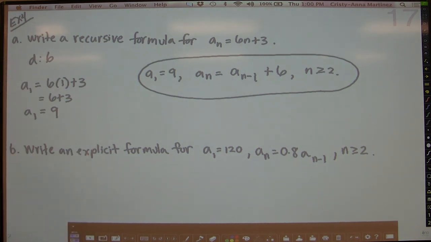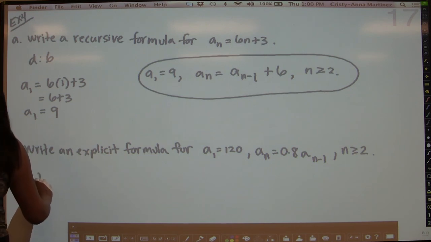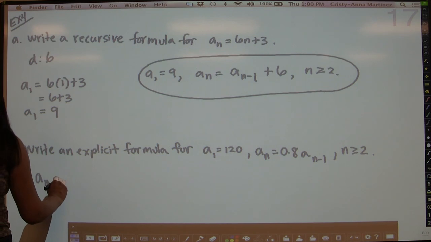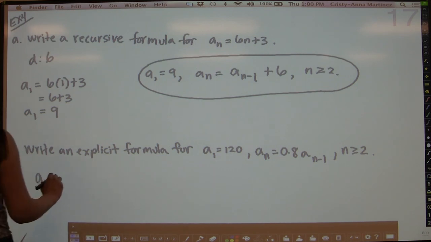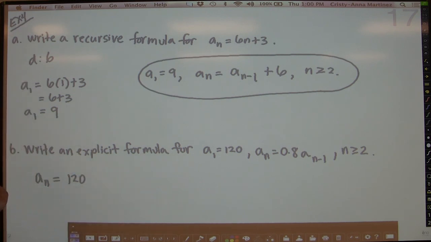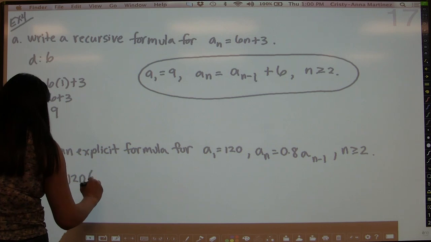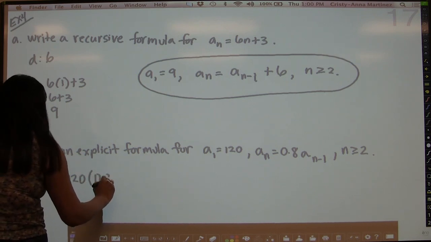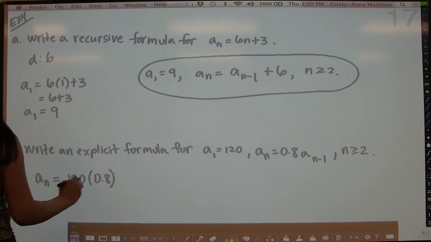So we're going to go ahead and say a sub n is equal to, if you remember, we're going to put the first term, which is 120, and then it's going to be times the common ratio, which is 0.8, and then to the n minus 1 power.